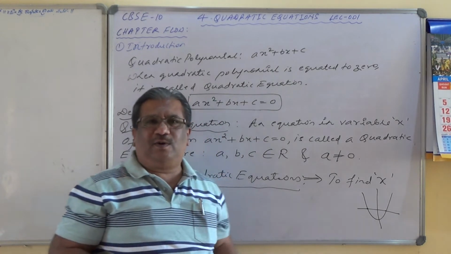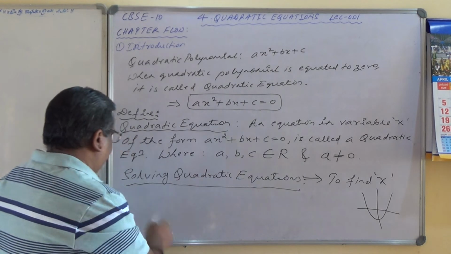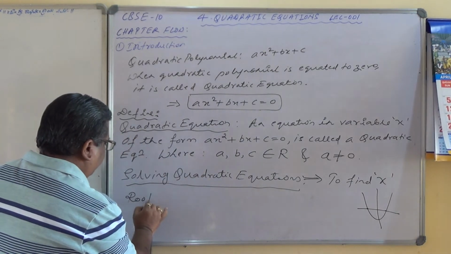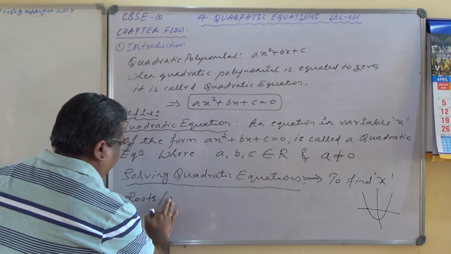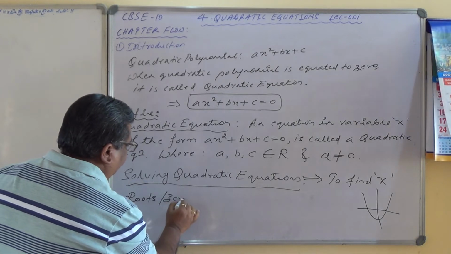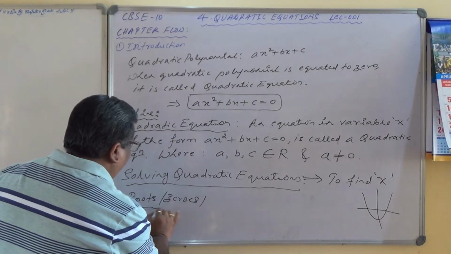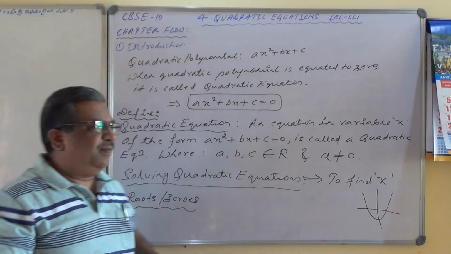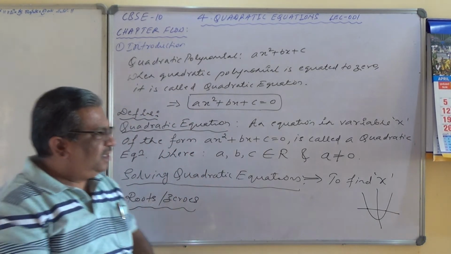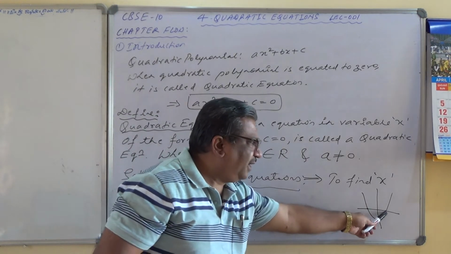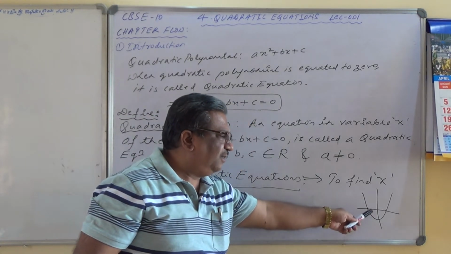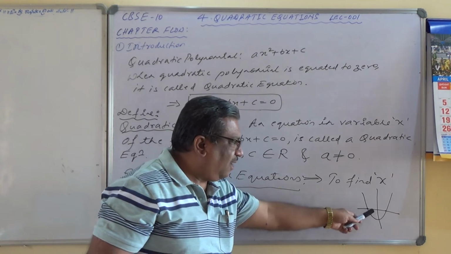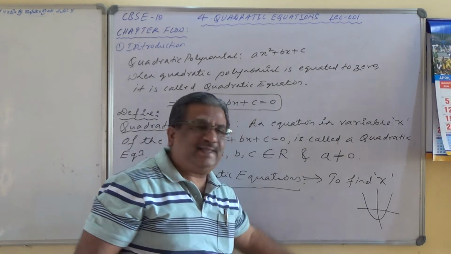So how do you define the roots here? Roots are zeros. The meaning of roots is the x coordinates of the intersection of the graph with the x-axis.